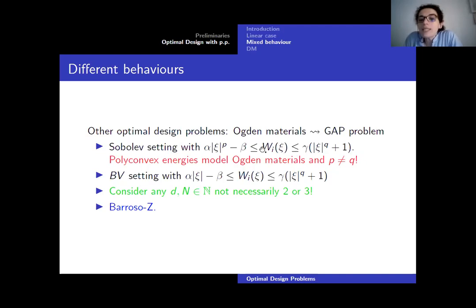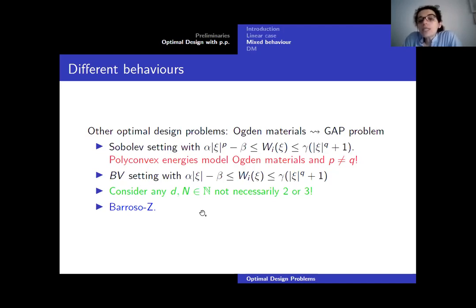One case is when one assumes W0 to have a certain growth and W1 to have another growth, or when we allow both of them to have a control from below which is different from the control from above. And the control from below can even be weakened until p equal to 1.